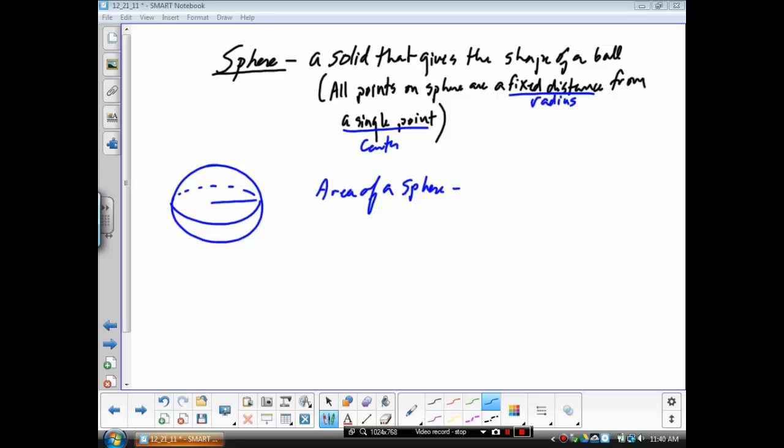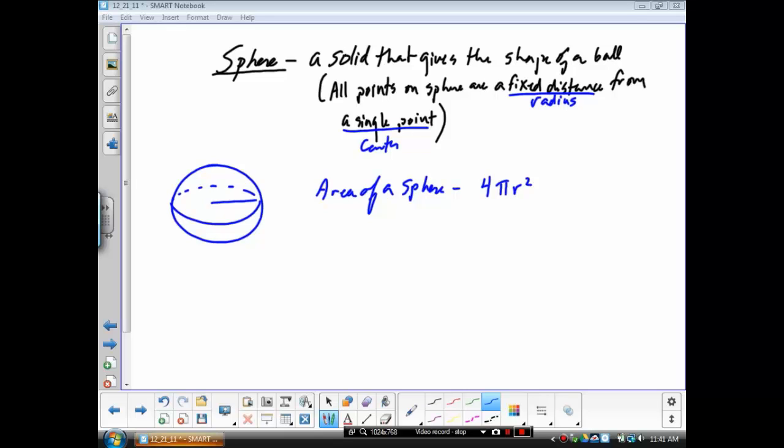Notice there is no such thing as a base or a lateral surface. A sphere has one surface. When we're talking about the area of a sphere, we're talking about the area of that surface. Just like with any area, it'll be in square units. Okay? So the area of the sphere is 4 pi r squared.